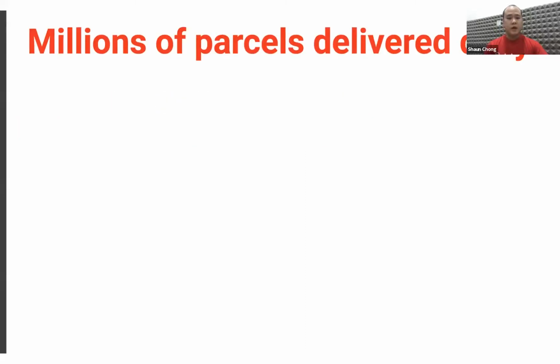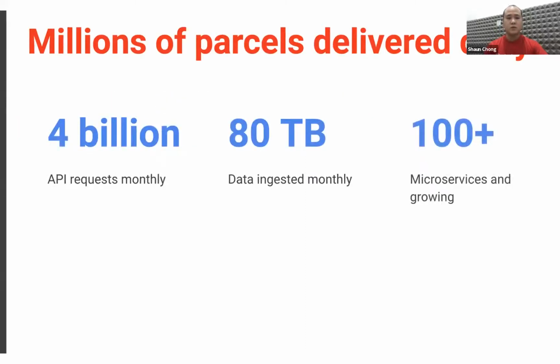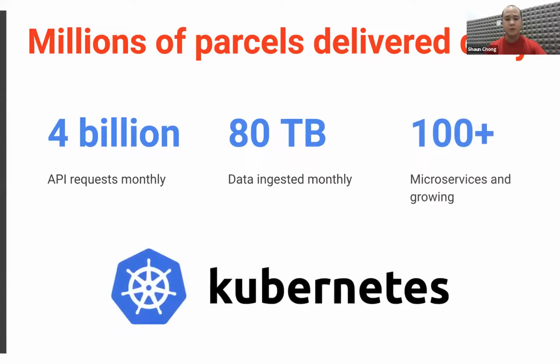We deliver millions of parcels every single day, and I wanted to give you an idea of some numbers. We do billions of API requests, we ingest a huge amount of data every day, and we're built on a microservices architecture. 100% of our applications are deployed on top of Kubernetes, with the exception of our OLTP databases, which are still on VMs.